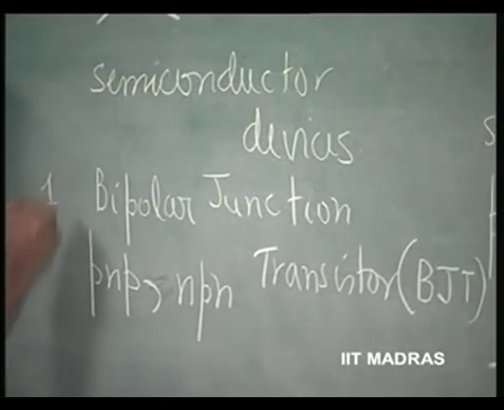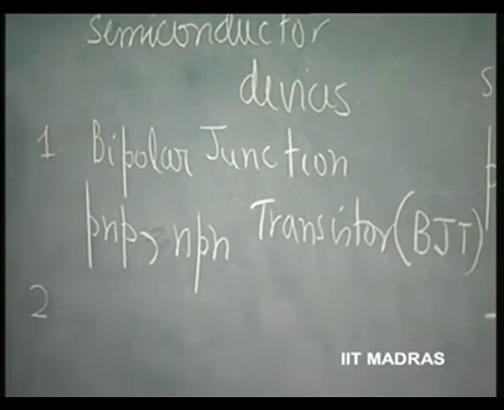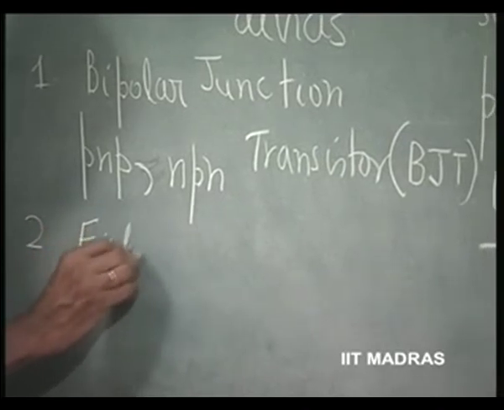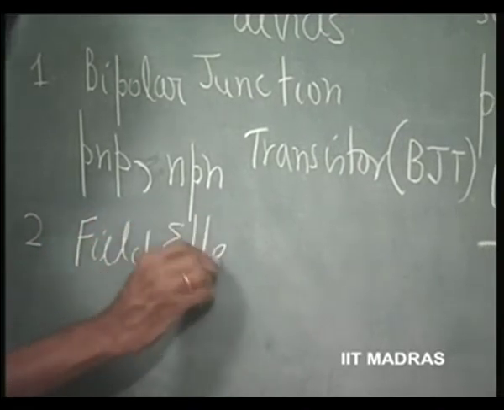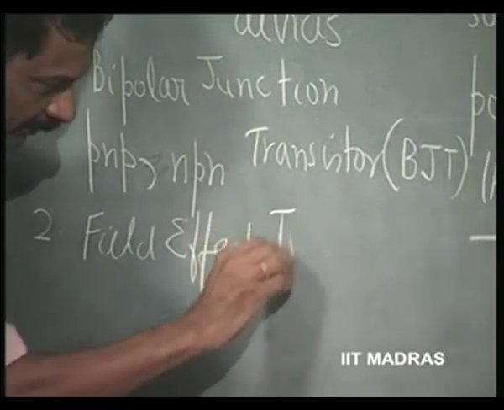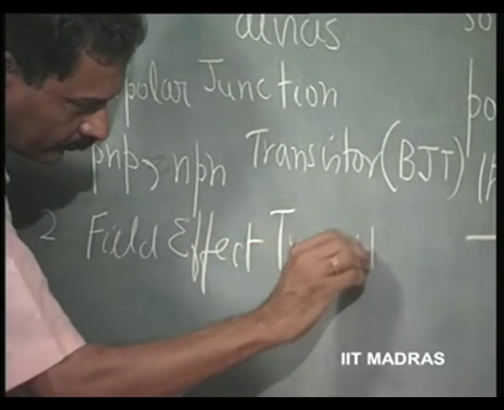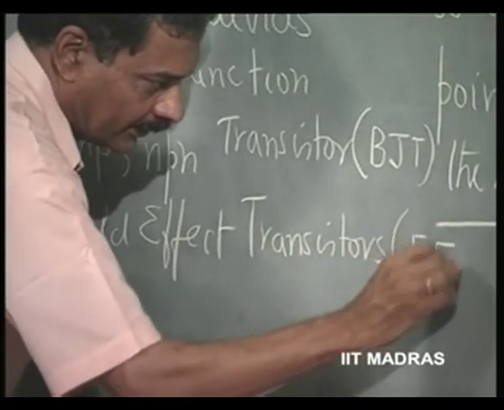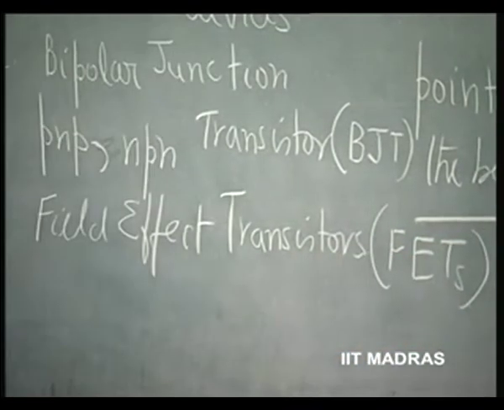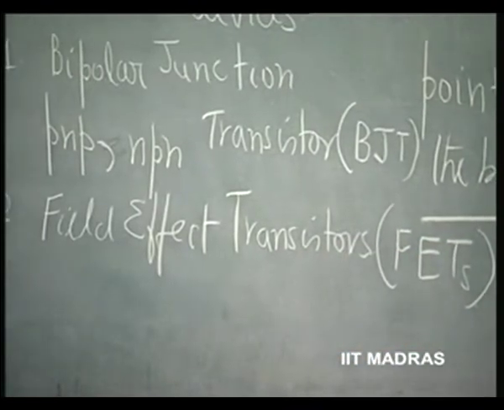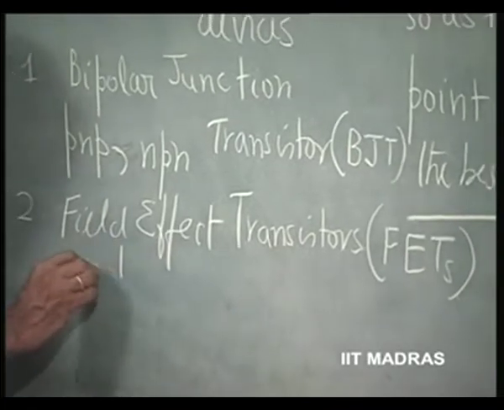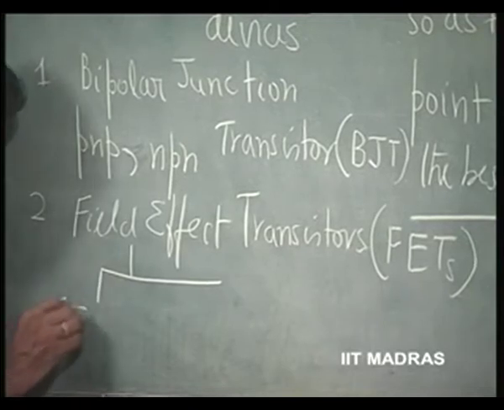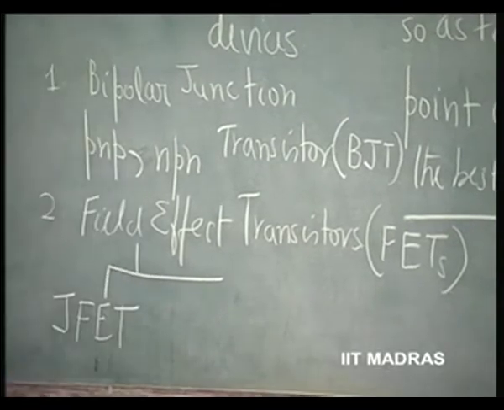Next, we have what are called field effect transistors. These are popularly called FETs. There are two types in this. This is called junction field effect transistor.